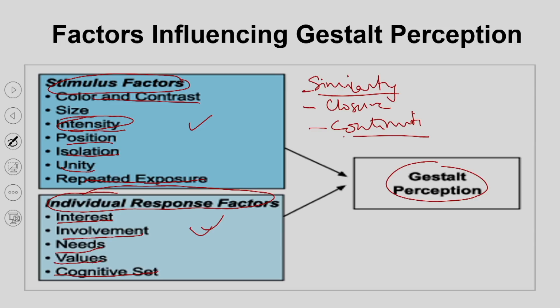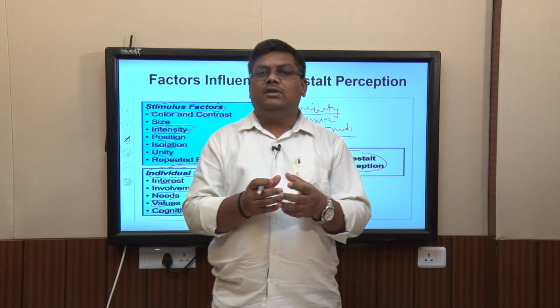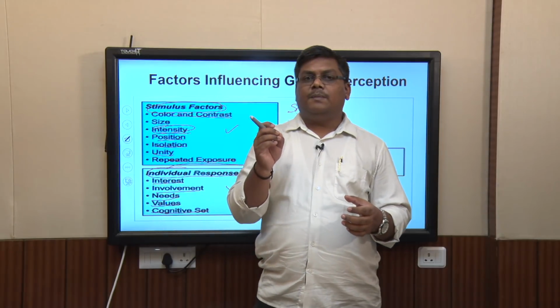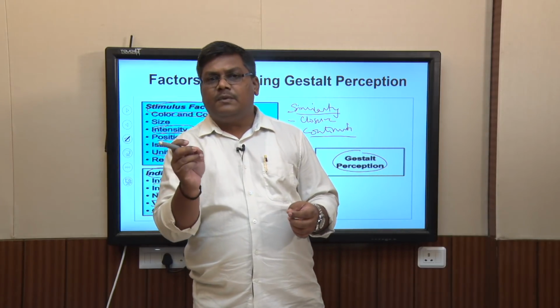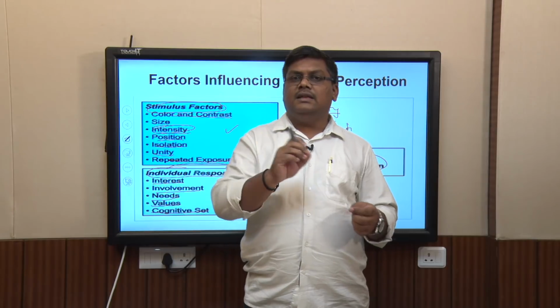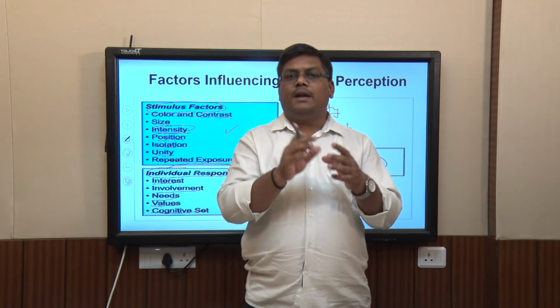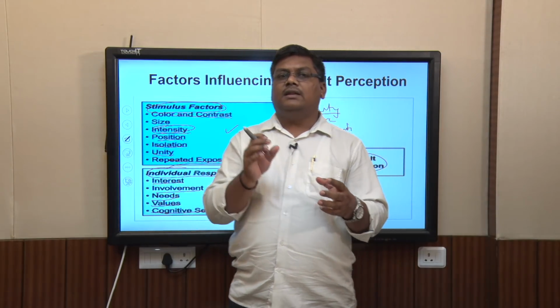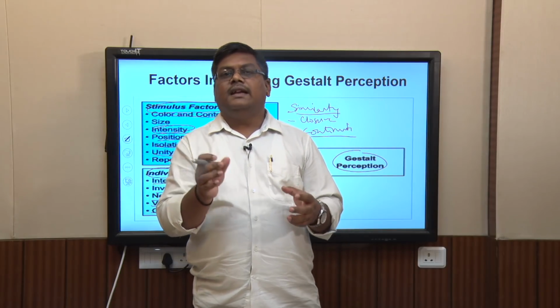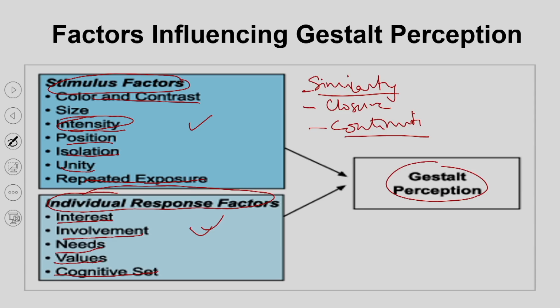Closure has to do with how complete they see the product. Even if a product is sold to you and some part of the product is missing, the way consumers see the whole product and not parts of it, in a holistic way, is called closure. And continuity is another Gestalt organization principle.